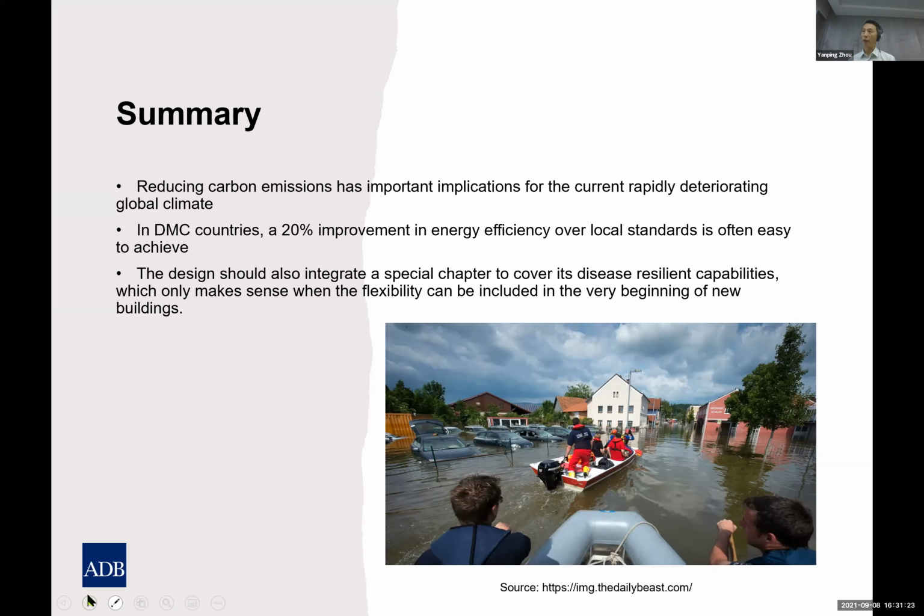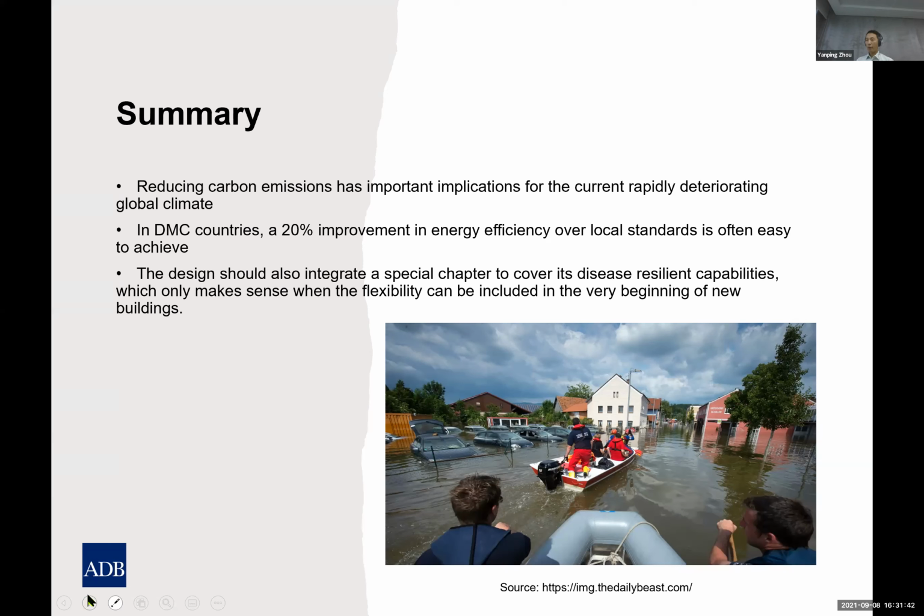This year is really turbulent, not only in the climate, but also in many other aspects. So that makes reducing carbon emissions, as Jimmy just pointed out, more important than ever this year.